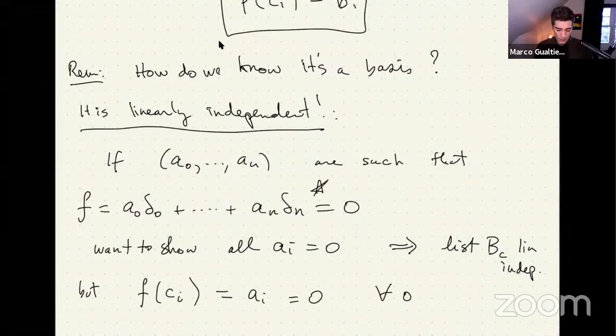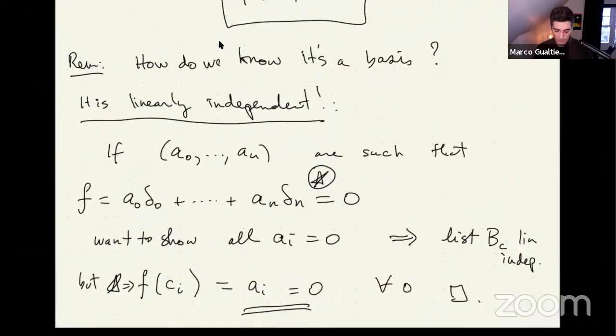So this equation implies that the value of this polynomial at the point Ci gives you the coefficients. But if the polynomial is 0, then when we evaluate the 0 polynomial, we should get 0. So this proves that this is linearly independent.